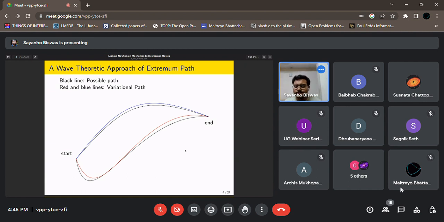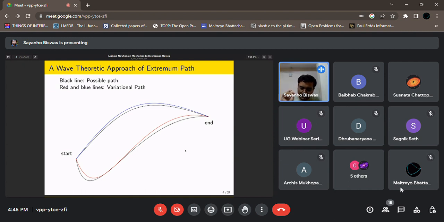Now, what if there exists a black path, and by slightly varying the black path, the infinitesimal variation, the length of this path does not change? Try to imagine it again. Let me repeat. This one path, black path, I vary it slightly, very slightly, I mean infinitesimal variation, and the path length does not change.